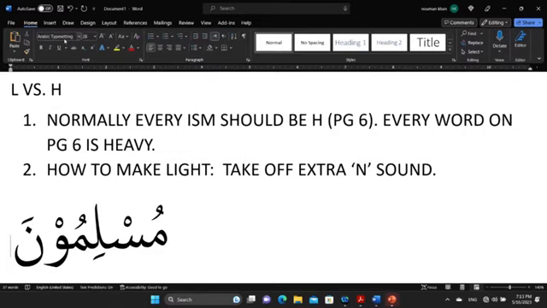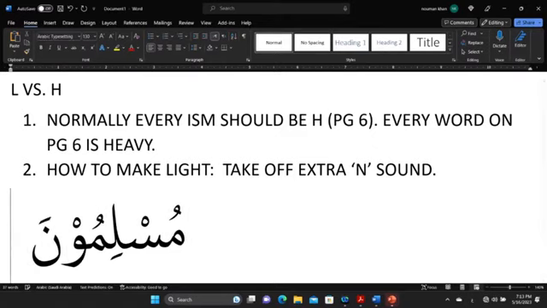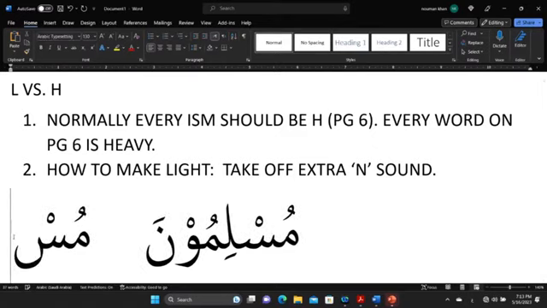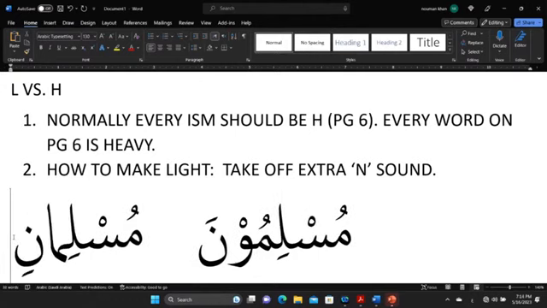If I say another word, Muslimani, is there an extra N sound? Where is it? So get rid of that and you get the light version. What is the light version of Muslimani?